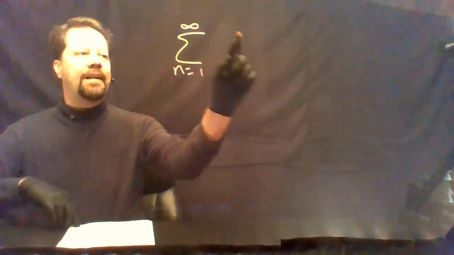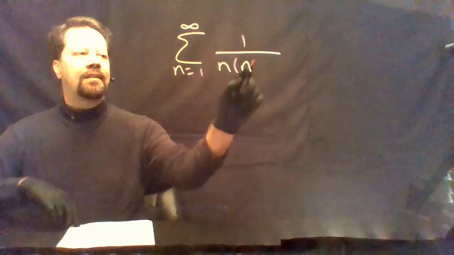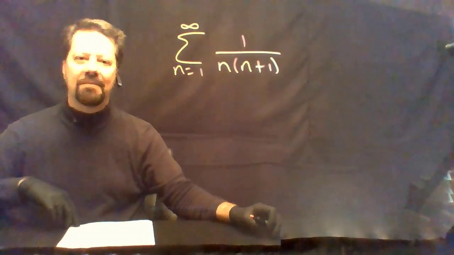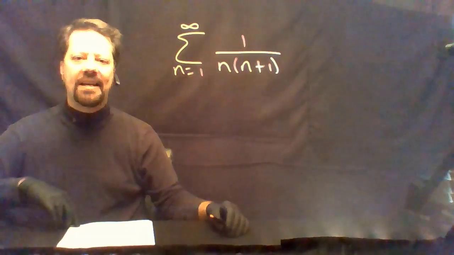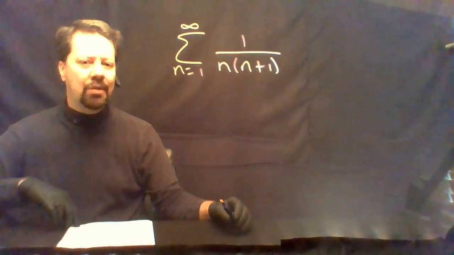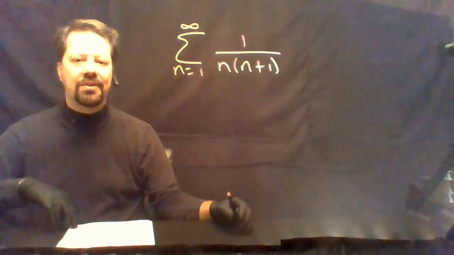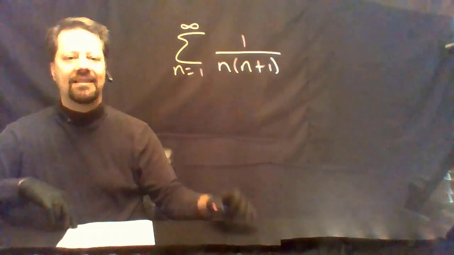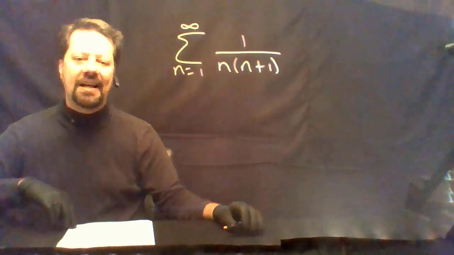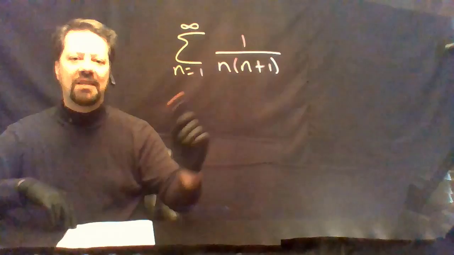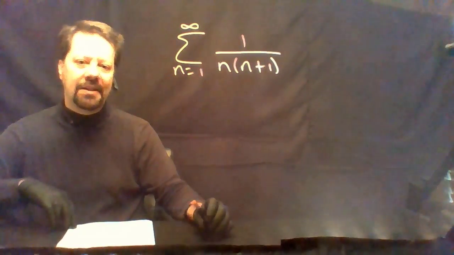Next we have the sum as n goes from 1 to infinity of 1 over n times n plus 1. While you may express this as a telescoping sum, it might be easier just to use the limit comparison test.